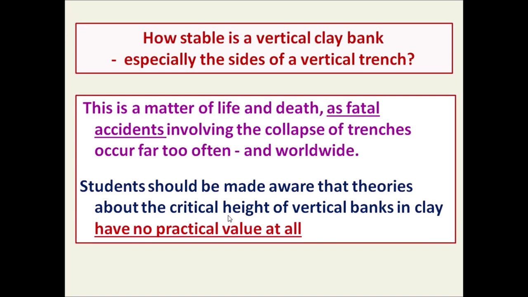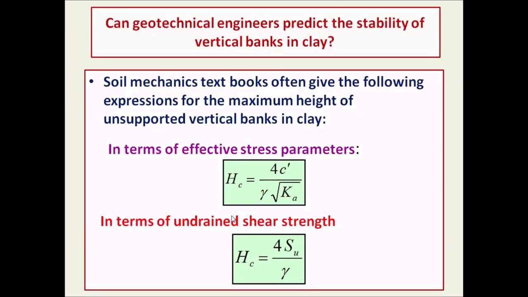This is a matter of life and death, as fatal accidents involving the collapse of trenches occur far too often, and they occur worldwide. Students should be made aware that theories about the critical height of vertical banks in clay, particularly the banks of trenches, have no practical value at all.